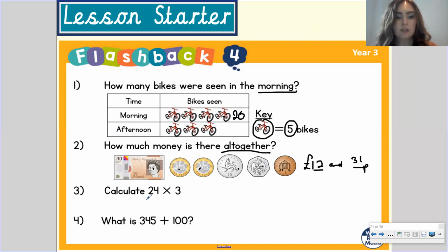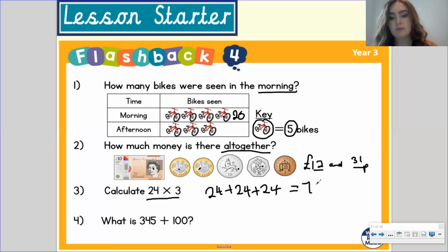Next one, calculate 24 times 3. So 3 lots of 24, which is the same as saying 24, add 24, add 24. 3 lots of 24. And the answer to this is 72. And the last one, what is 345 add 100?